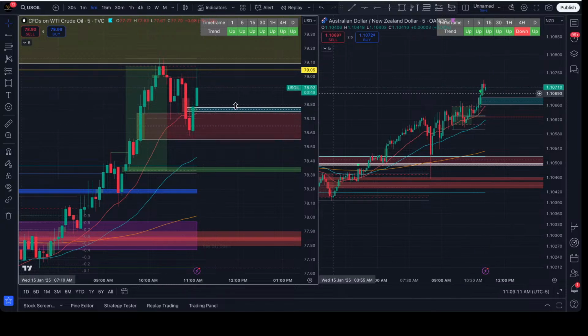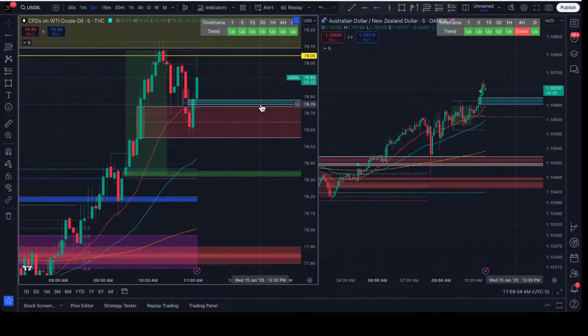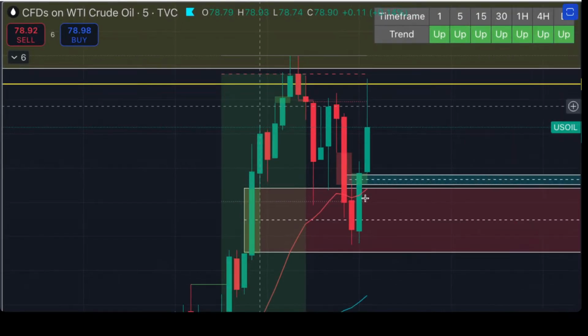So 50 seconds left. I want to see this fair value gap stay open. So we're going to have to see another candle print. And then that third candle, I want to see come back down and tap this zone. 30 seconds. Just want to make sure this is painted properly.